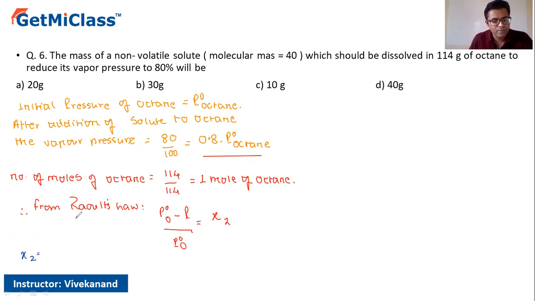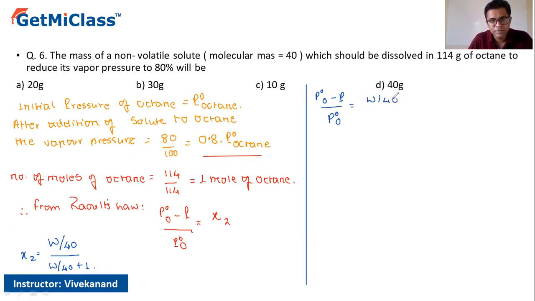X2 is equal to the weight of the solute, which has a molecular mass of 40, so W over 40, divided by W over 40 plus 1, because we are using just 1 mole of octane. So P0 of O minus P divided by P0 of O is equal to W over 40 divided by W over 40 plus 1.